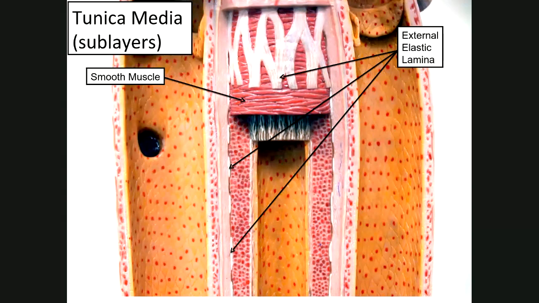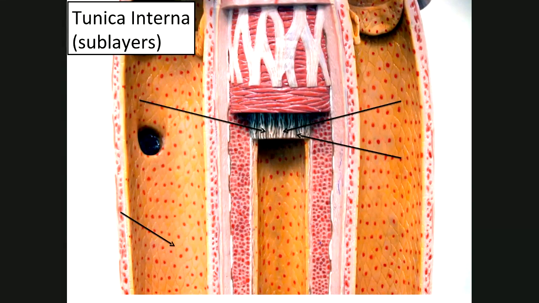Let's look at the tunica interna. It actually has 3 sublayers. 3. So see how these stripe things are going up and down like this? Well, there are also little ones right here going up and down just the same.